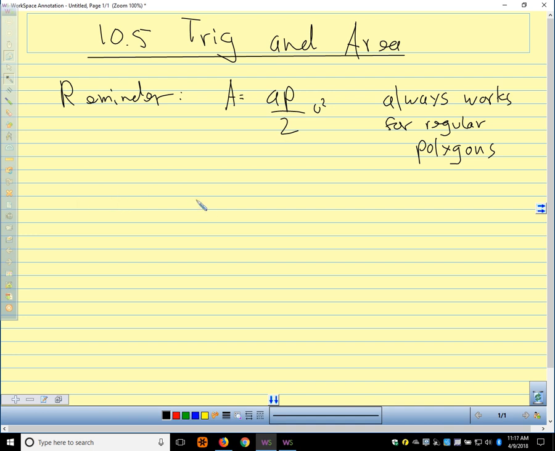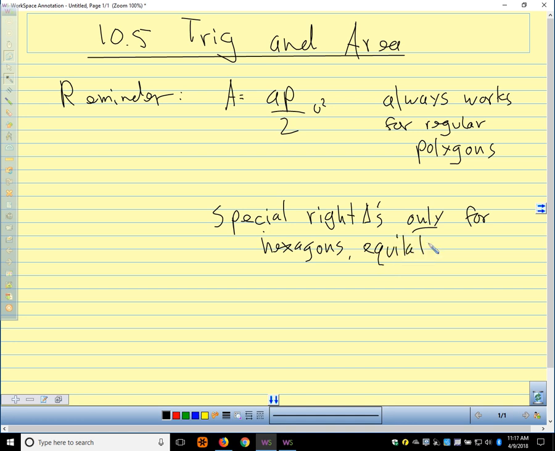We can use special right triangles only for hexagons, equilateral triangles, and squares.